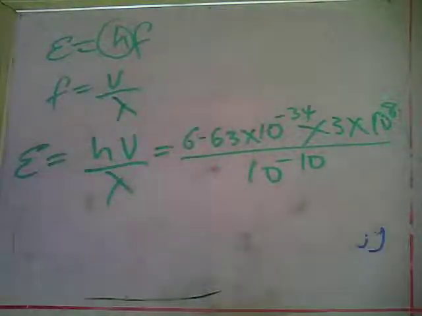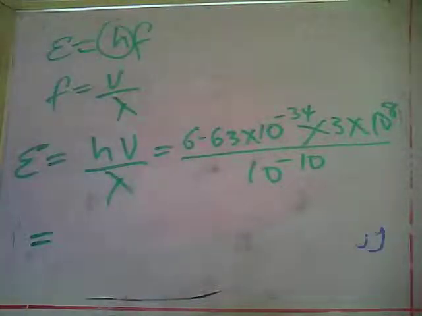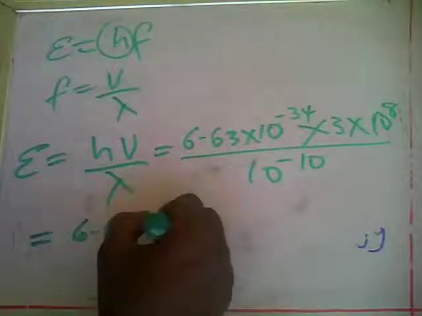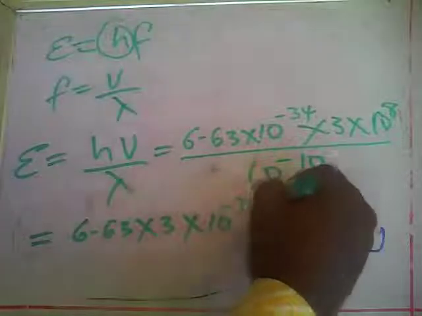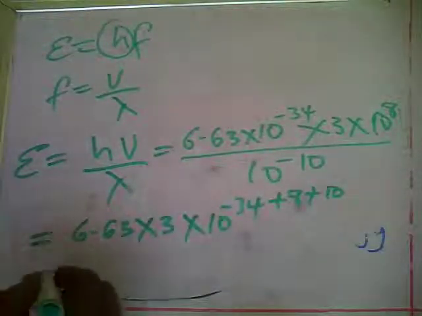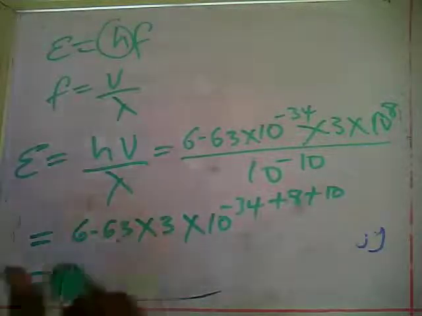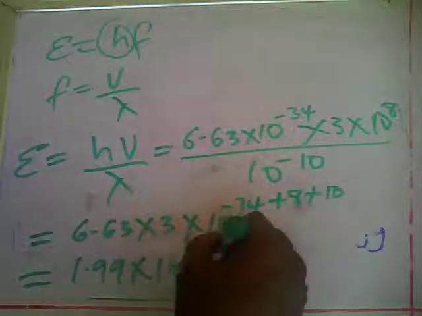If we work that out carefully using appropriate indices, we have 6.63 times 3 times 10 to the power minus 34 plus 8 plus 10. Following the rule of indices, when we solve that carefully, we have 1.99 times 10 to the power minus 15 joule.